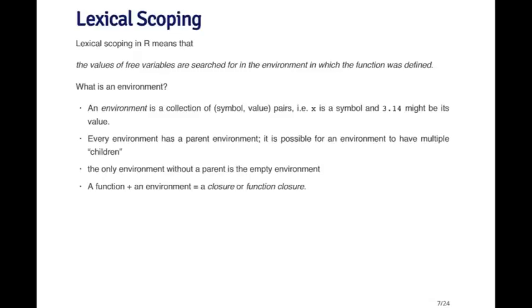Each package has a namespace, and that's like an environment. It has a bunch of symbols and values associated with it. And so the key thing in R is that if you take a function and you associate it with an environment, then that creates what's called a closure or a function closure. And these closures are key to a lot of different types of interesting operations in R.